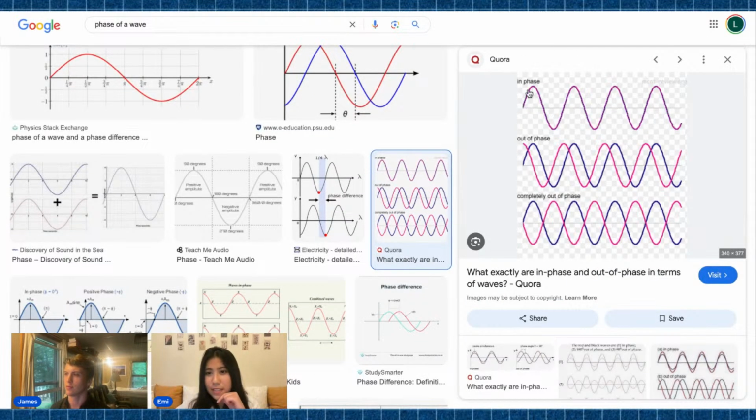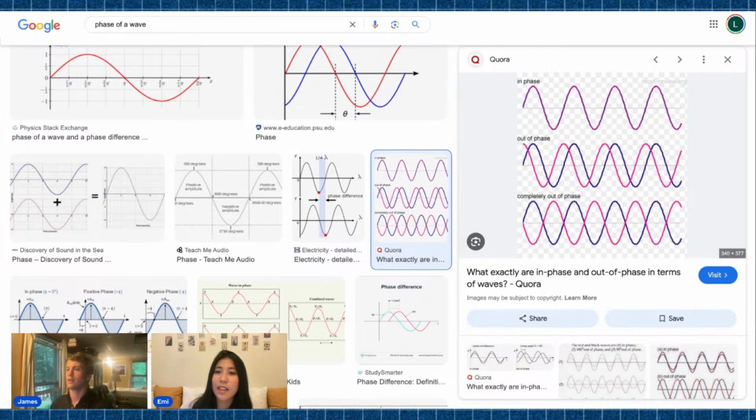In phase, we have two waves that are superimposed on top of each other. That means they're completely in sync. Out of phase means that they're slightly off. They're not superimposed on top of each other. They don't have the same phase, the same kind of heartbeat, I guess. There must be an example of this with sound, right? Exactly.